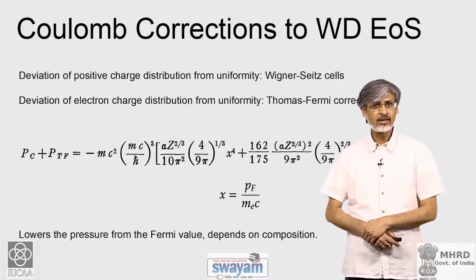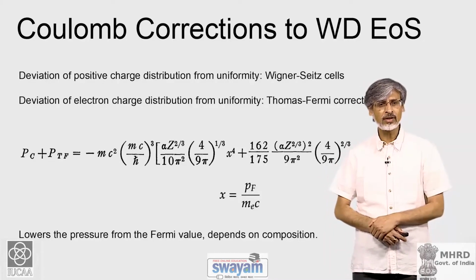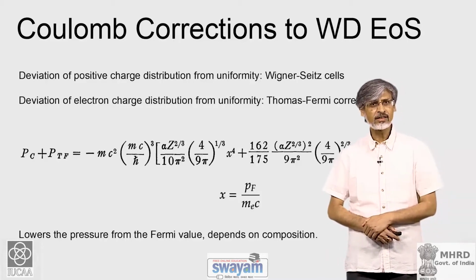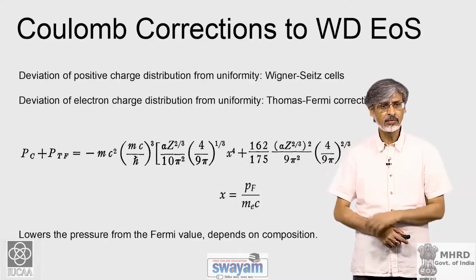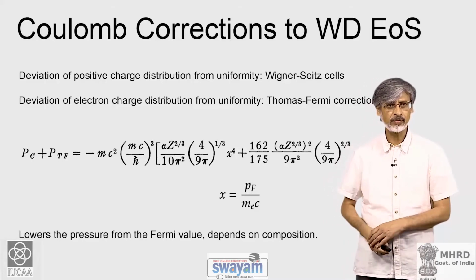And since the distribution of the electrons and ions is not entirely homogeneous on all scales, this creates a Coulomb force between the positive and the negative charges, as well as among the negative charges themselves.